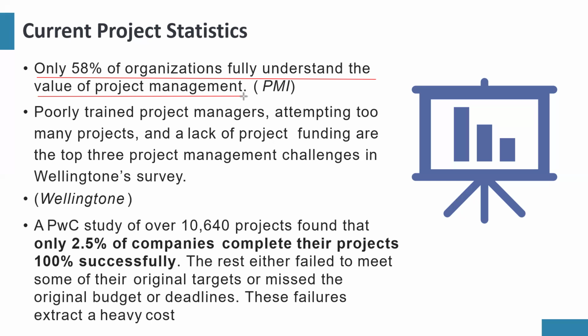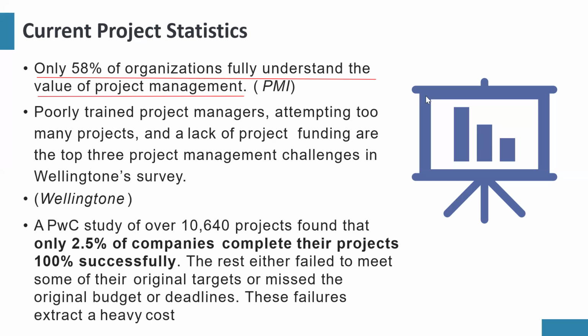Which means 40%, some of them don't have a clue, some of them have some understanding, but not all of them know the value of project management the same way, which means in those 10 organizations, projects will be handled differently. So there's a gap. I want to show you the gaps that exist.